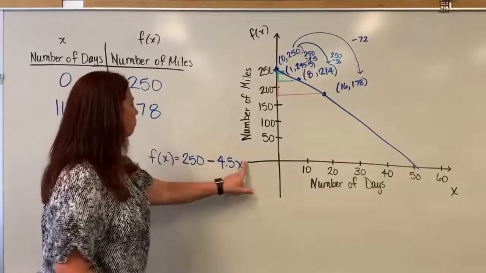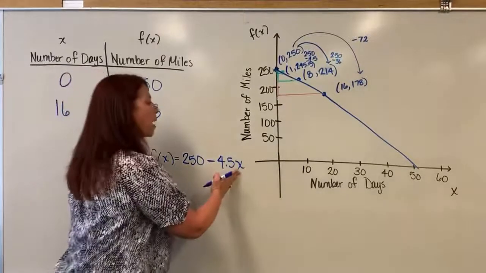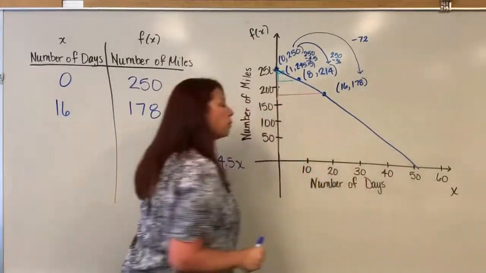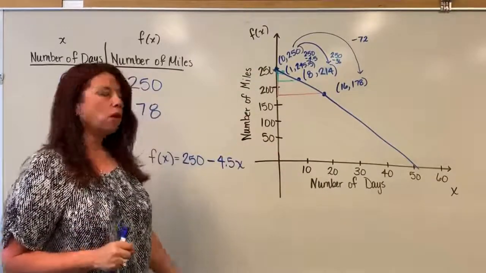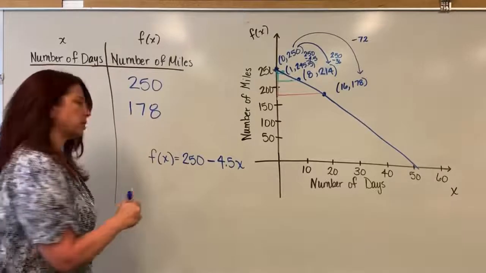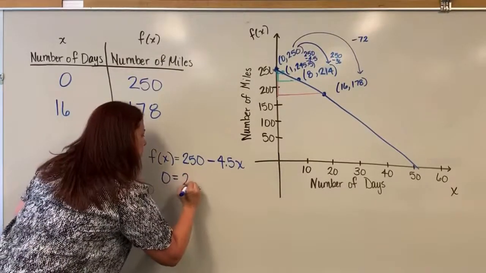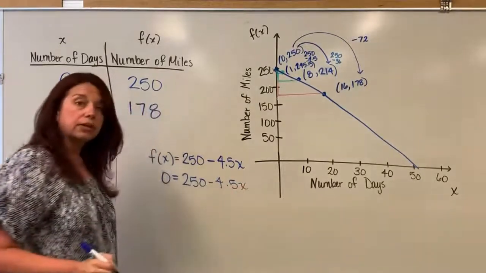Now I have used that information to build my equation here, that I can then go back and say, you know what? The question that we wanted to answer is, when is the number of miles exactly 0? I can go back to this equation and say, well, number of miles is f of x. I can then let f of x equal 0, set up an equation. Essentially, here's my linear equation.